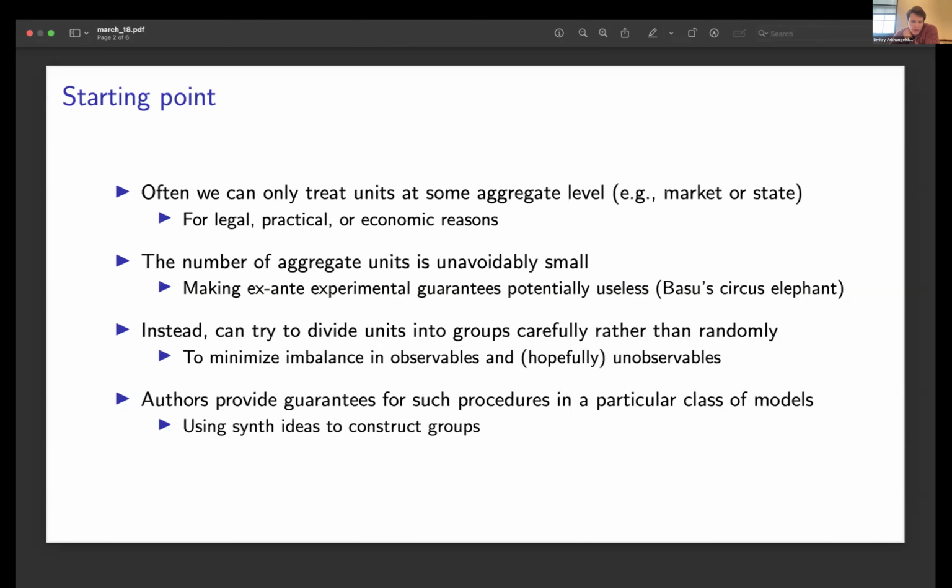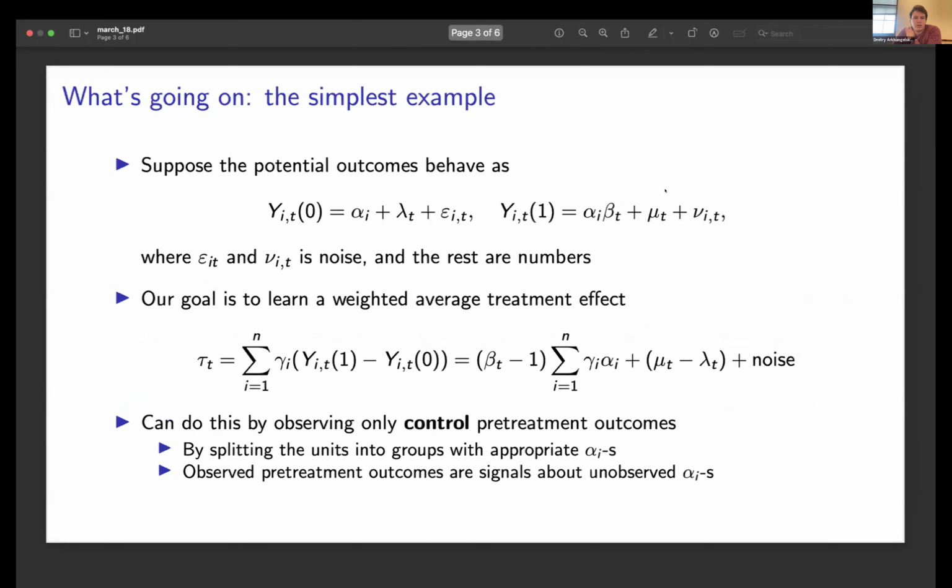And how do you do that? Well, it's very natural to minimize imbalance in observables and hope that it minimizes the imbalance in unobservables as well. And so what the paper does, I think very nicely, is propose multiple procedures that would work for that purpose in a large class of models, using synthetic control ideas to construct groups, right? That's fundamentally what is going on.